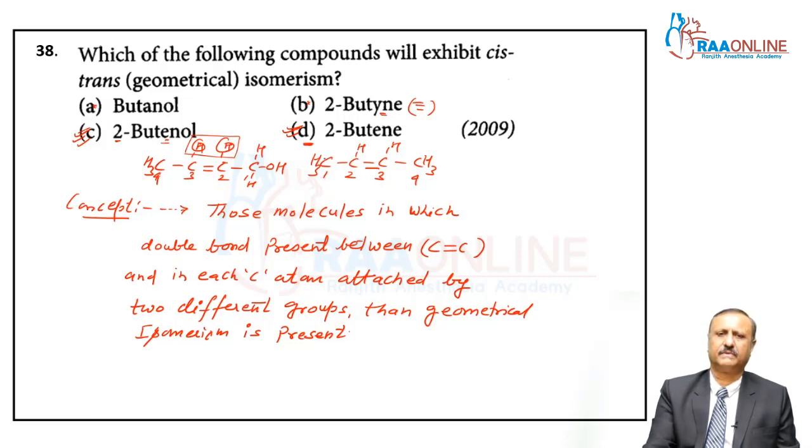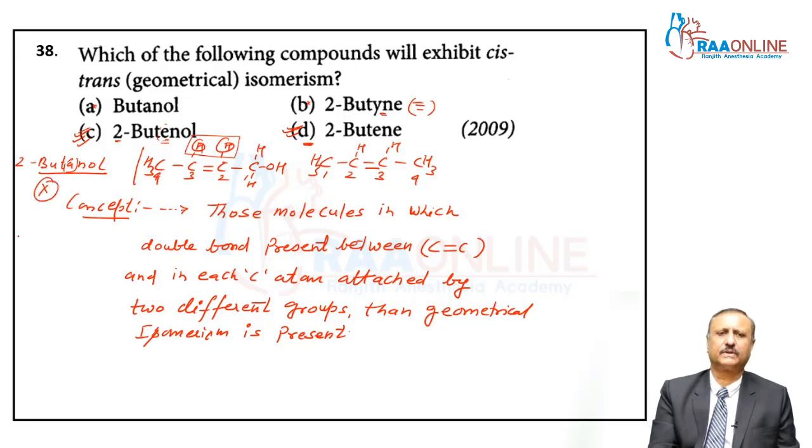If there is a misprint, and you convert this to butanol, where this E is replaced by this A, then, my dear students, this is not the answer. Why?